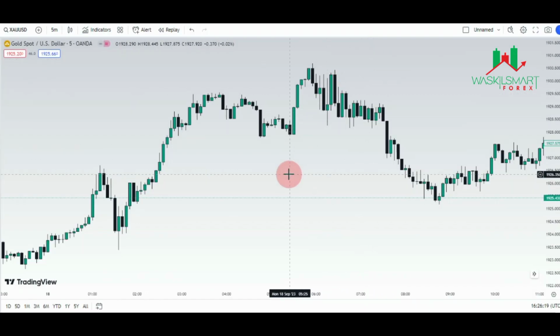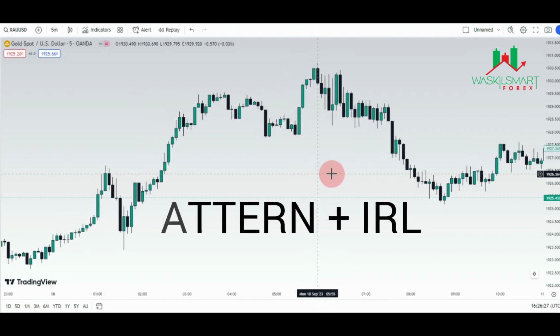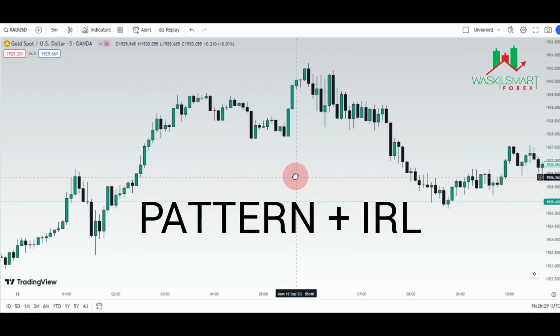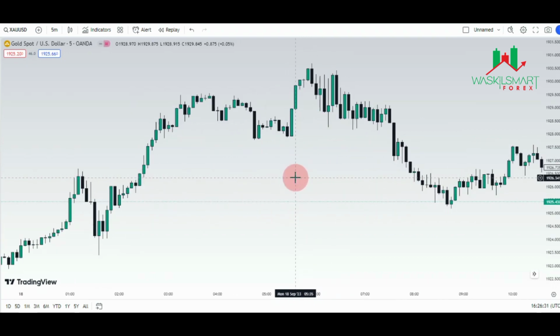The second thing is the price. The price consists of two components, the pattern and the institutional reference level. I call it pattern plus IRL, the institutional reference level. If you have been my followers for so long, you will understand what I mean by institutional reference level.